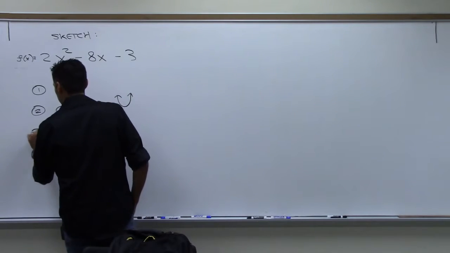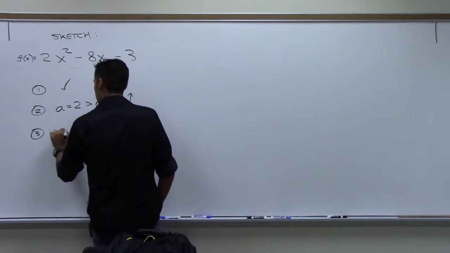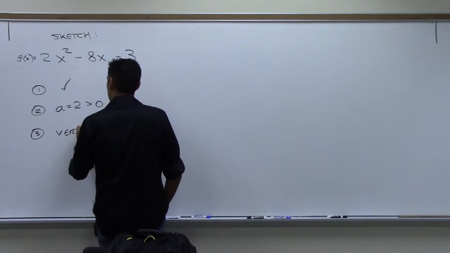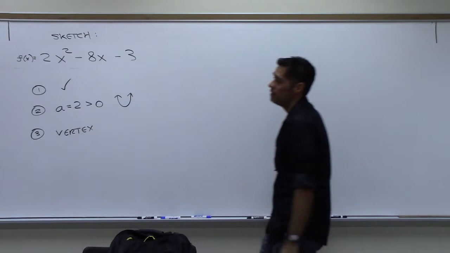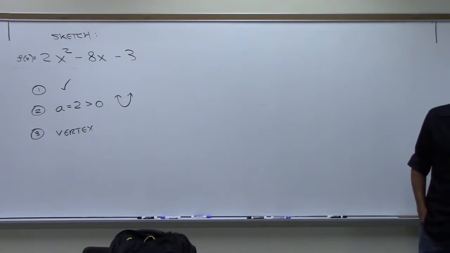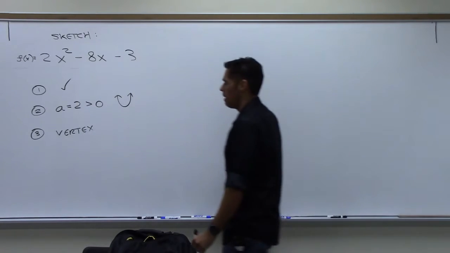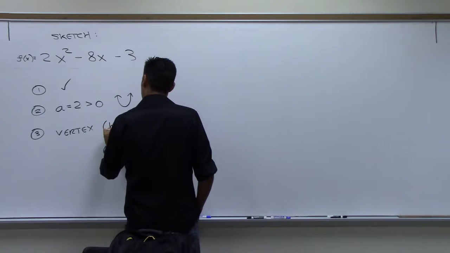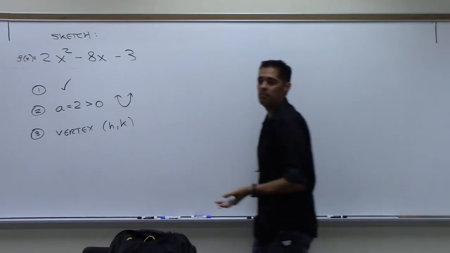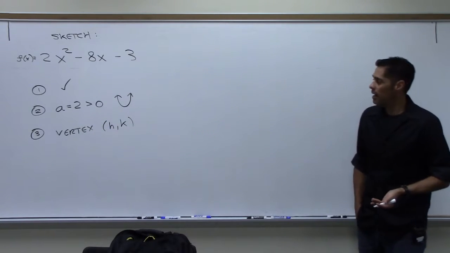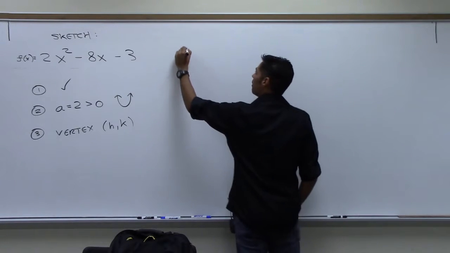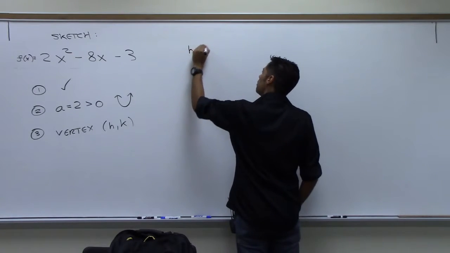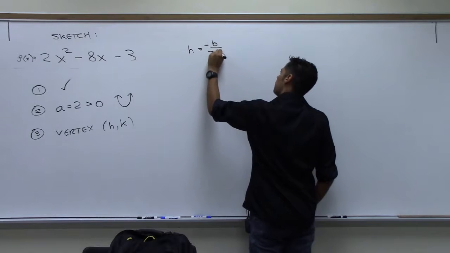3. Vertex. And how do we find the vertex? The vertex is a point, right? H, K. And to find H, I'm going to go over here. We just do negative b over 2 times a.